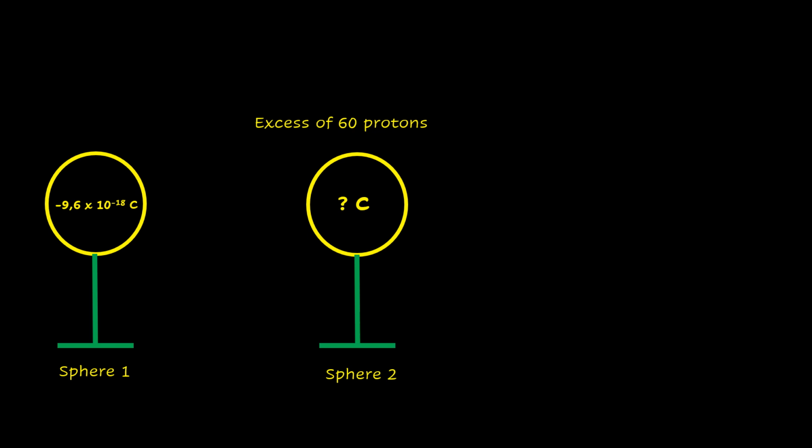We know that charge is quantized, and that means that a proton has a charge of 1.6 multiplied by 10 raised to the power of minus 19 coulombs.